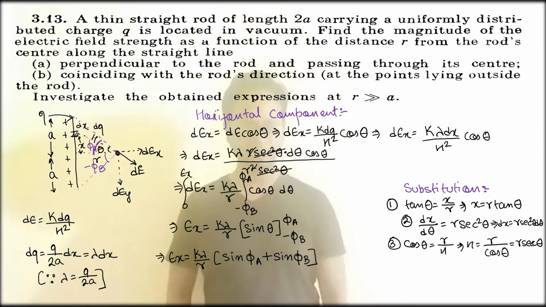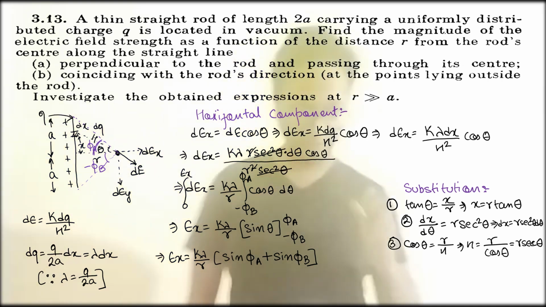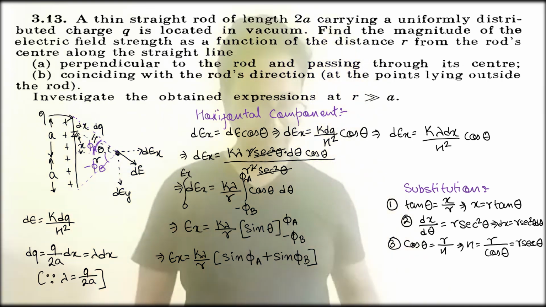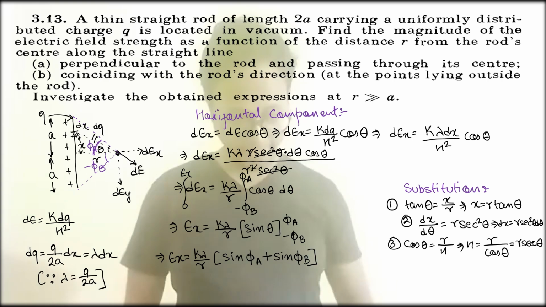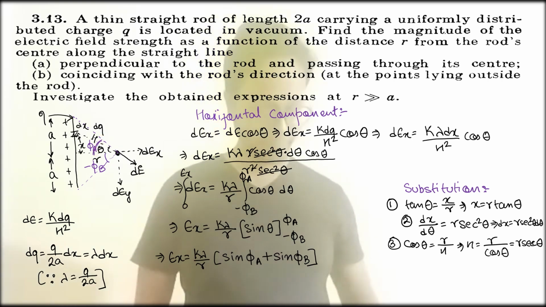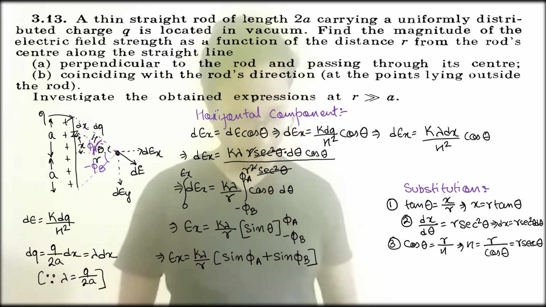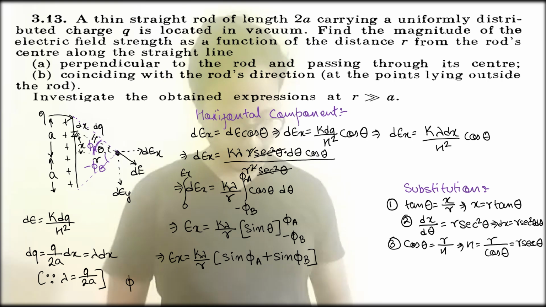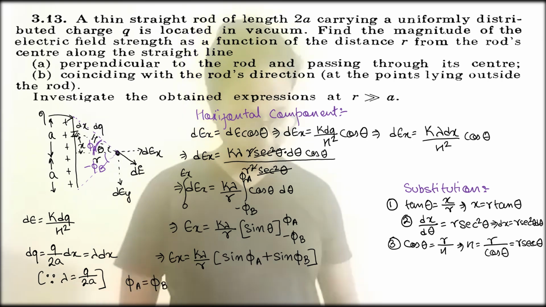Understood? Now, for this specific question, what is the value of phi a? What is the value of this angle? See, for this specific question, phi a is equal to phi b. What is the value of phi b or phi a?